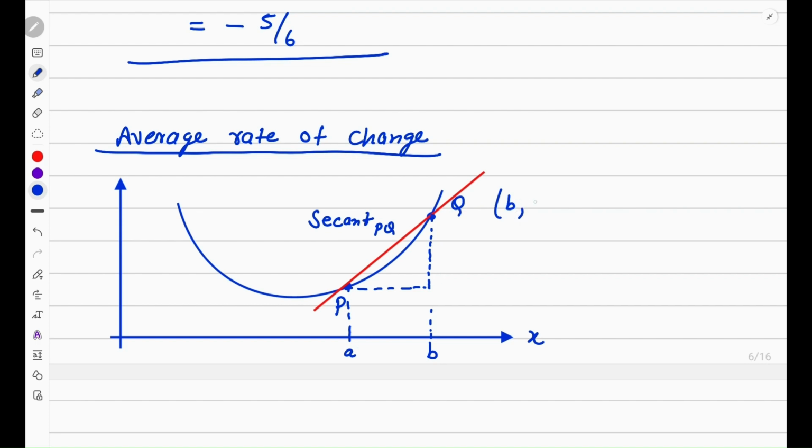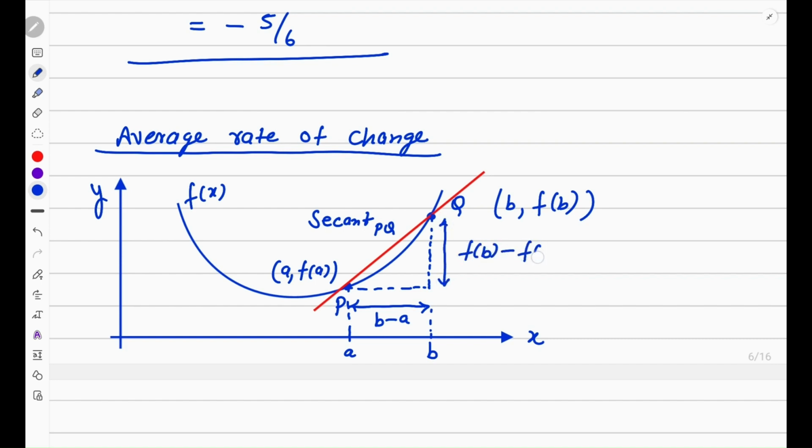So the points are b, f(b), because this curve is f(x), and the P point is a, f(a). So this distance represents b minus a, and this distance represents the change in the y value, which is f(b) minus f(a).